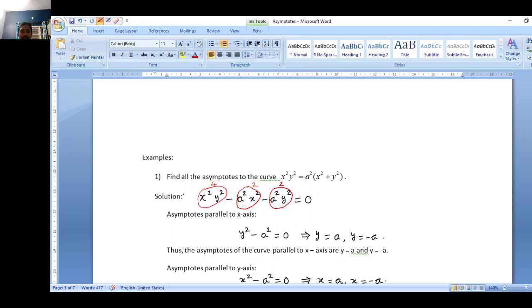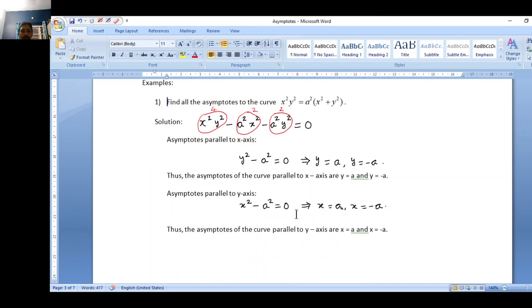So that means that since the equation of the curve has highest degree 4, what does it mean?